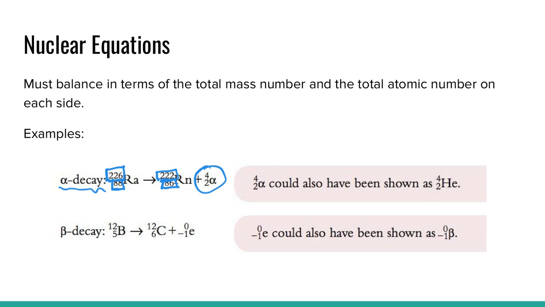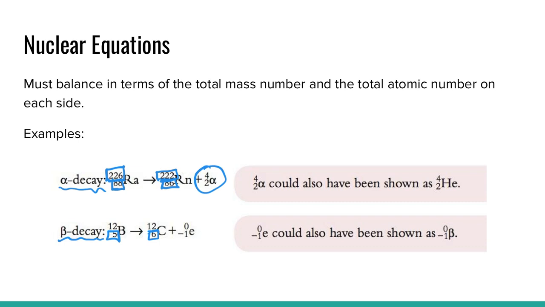When we have a particle undergoing beta decay, the atomic number is going to go up by 1, and the mass number is going to stay the same. That's because we have an electron being formed when a neutron is turned into a proton and an electron.